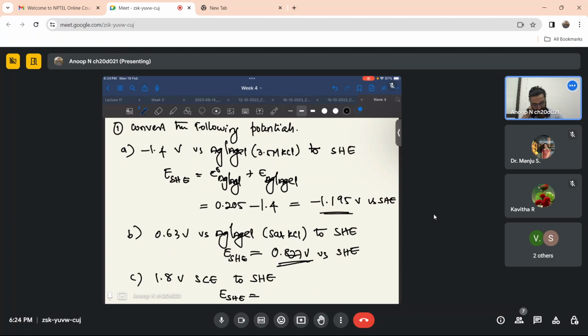What will be the value? To convert SCE into SHE, we need a standard potential of 0.241. So what will be the answer? Okay, the answer is 1.041 volt versus SHE.